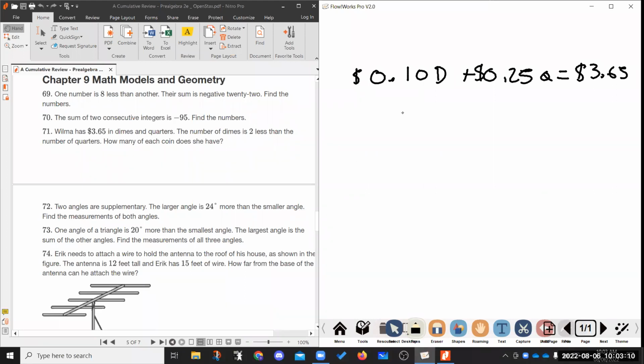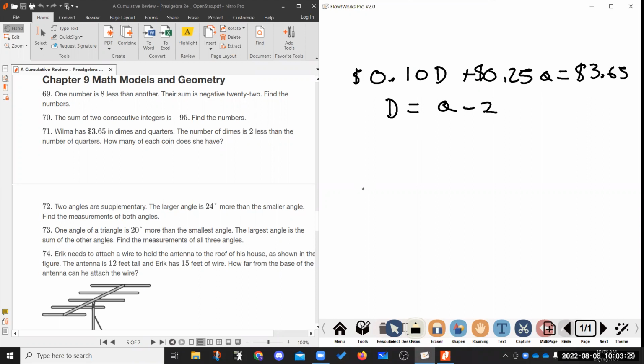Okay, there's my first equation: 10 cents times the number of dimes plus 25 cents times the number of quarters is going to be equal to the 365. And then there's another equation here that says the number of dimes is 2 less than the number of quarters.